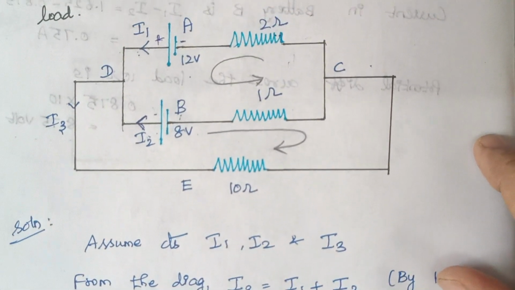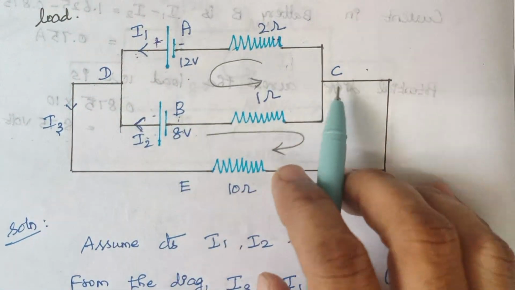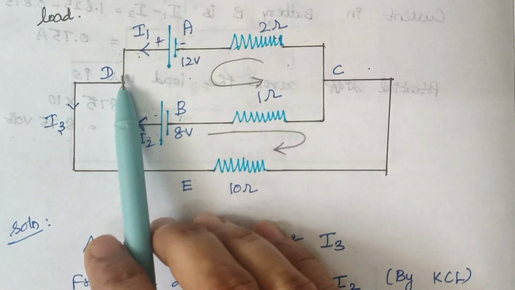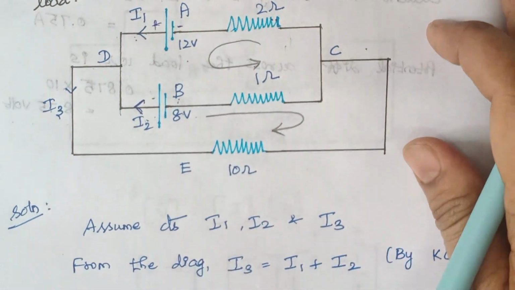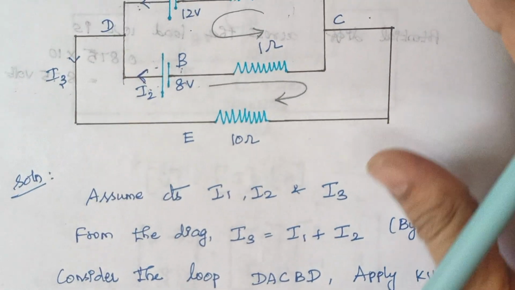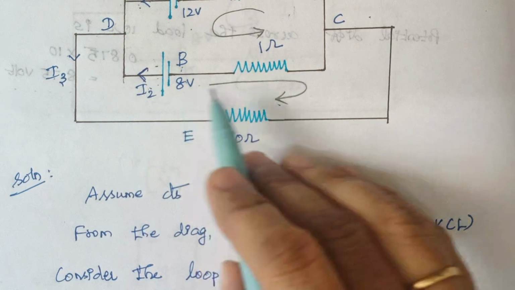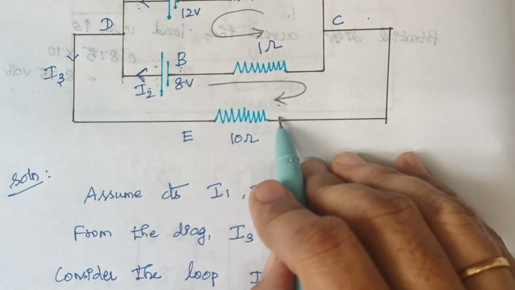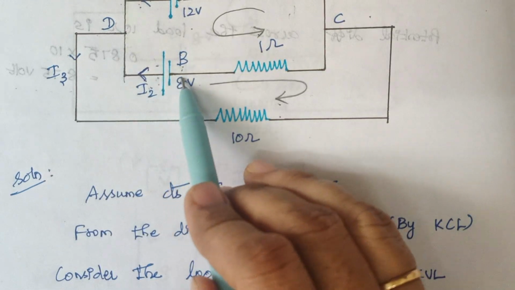And now look at the second loop. So the second loop is D, B, C and D. Here it is E and D. Again you see this I2 and the assumed direction of current are opposite to each other here, right? It flows from plus to minus.